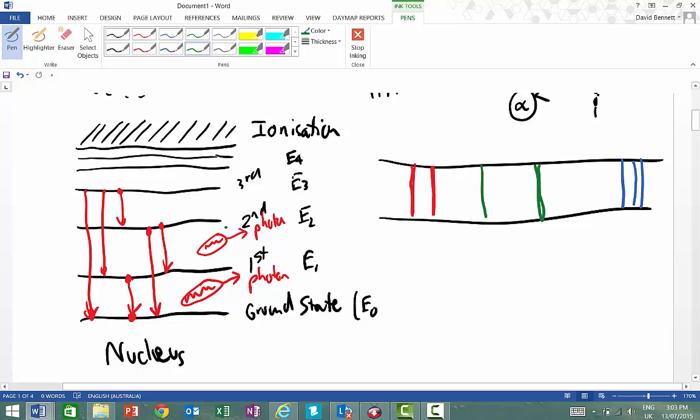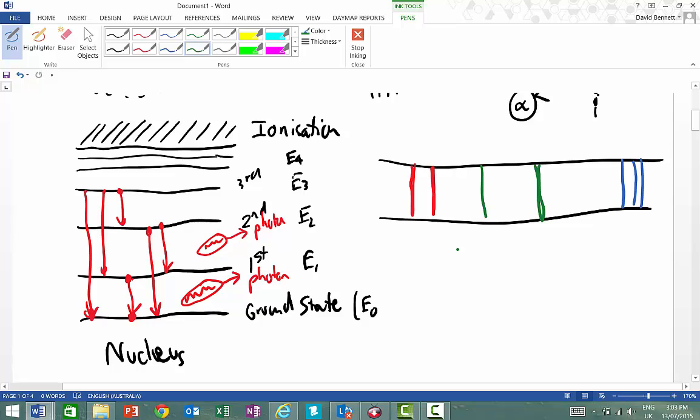If you excite these atoms, it's pretty easy with hydrogen, you can just burn it. You excite all the electrons, and you can look at the light coming from that, and you'll get all of these particular lines that correspond to the energy gaps between these shells.